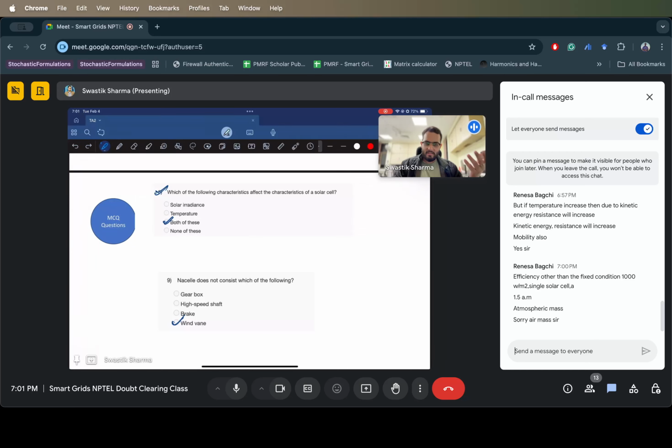Sorry, air mass. I don't know what you're saying. If you don't unmute yourself, this back and forth will be very laggy. But yeah, the characteristics are affected by solar irradiance and temperature both up to a certain extent, just like velocity with respect to wind. Any question?